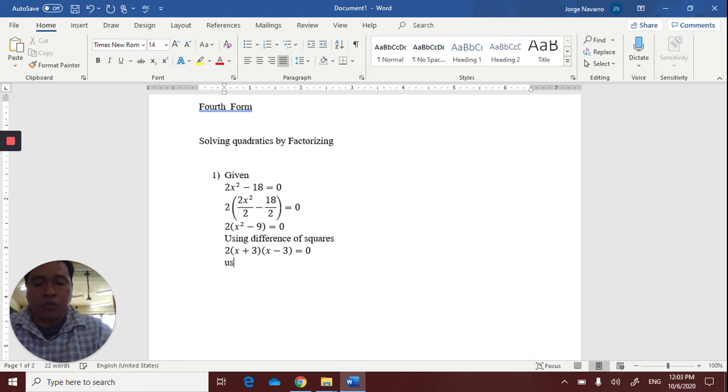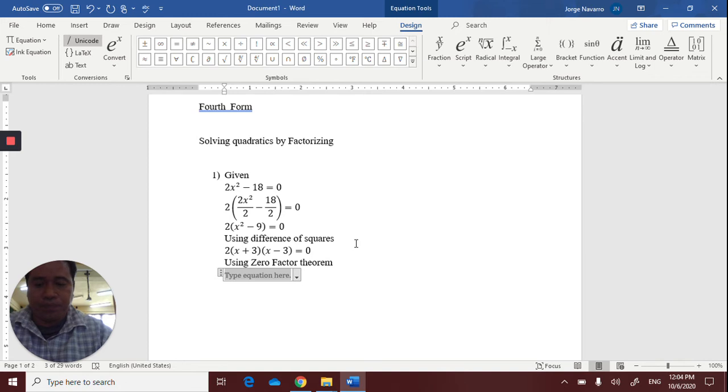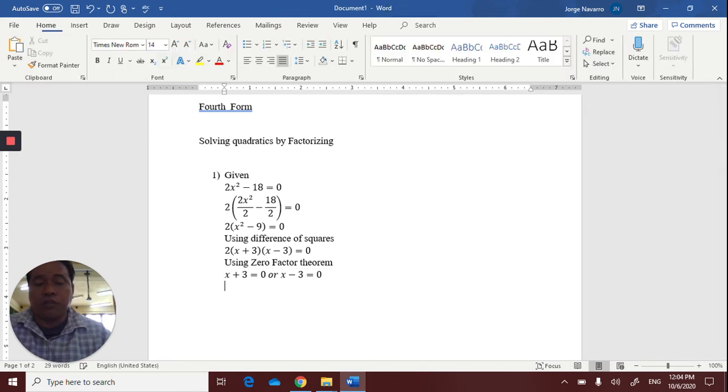So we say using the zero factor theorem. The zero factor theorem states that the only way for you to get an answer of 0 is if either the first term, which in this case is x plus 3, equals 0, or x minus 3 equals 0. That's the only way for us to get a result. So I must do the opposite.